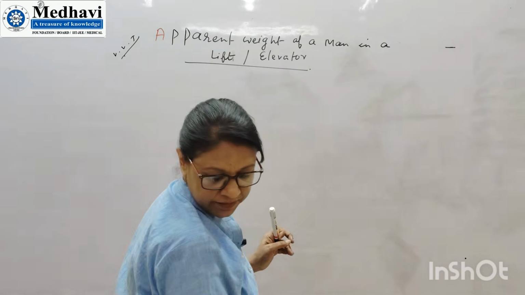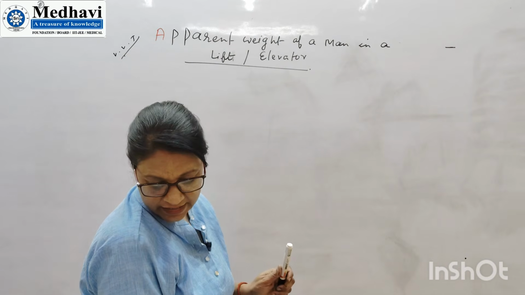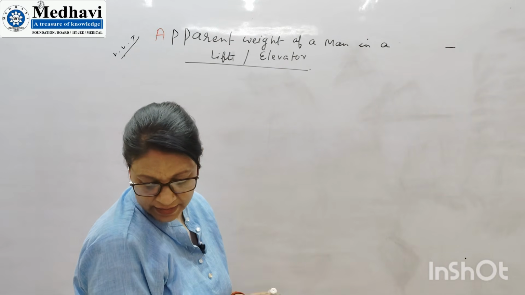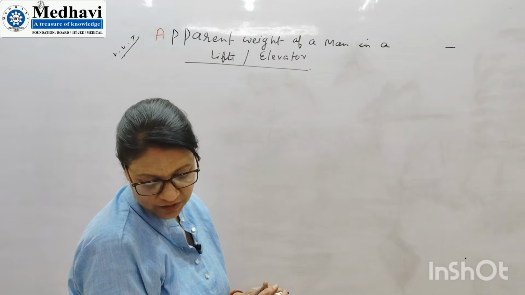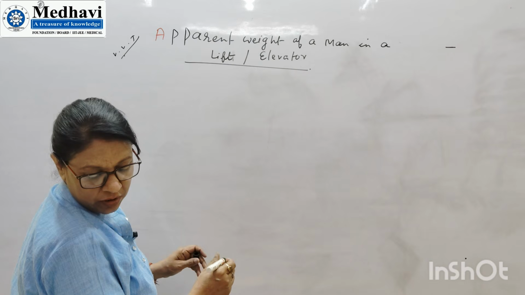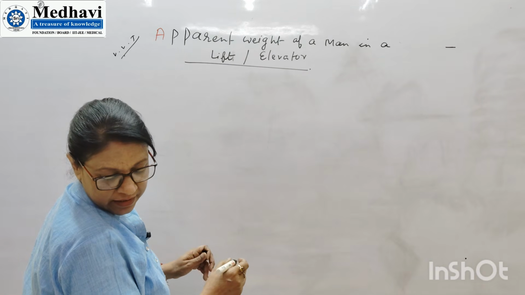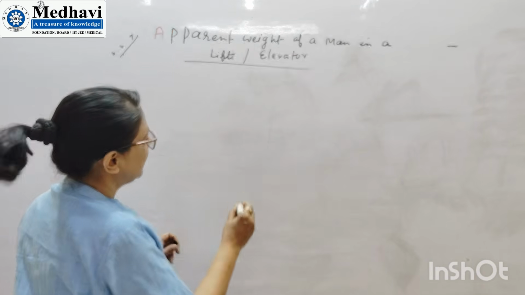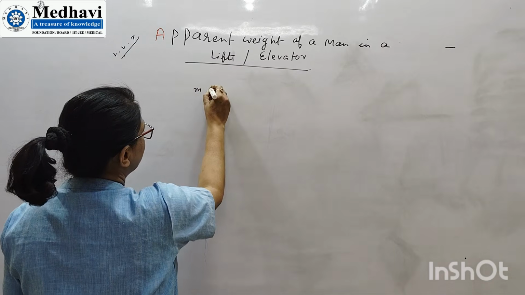It is given that a man standing in a lift holds a spring balance with a load of 5 kg, so here we will take mass as 5 kg.